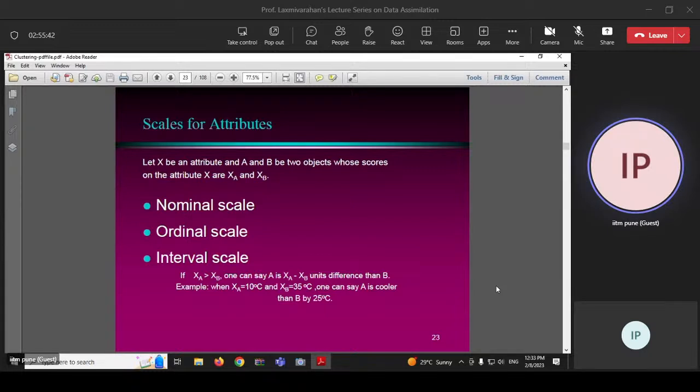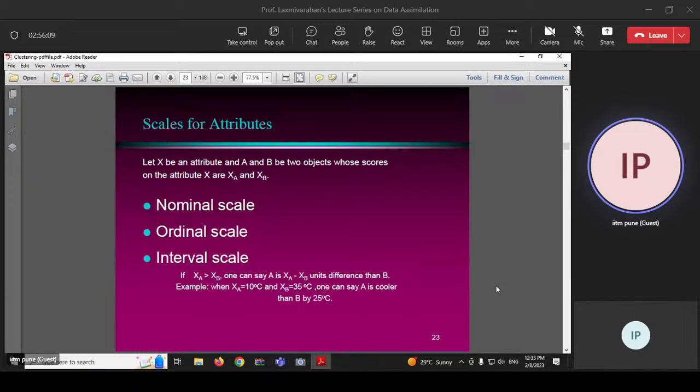Today's temperature is 10 degrees warmer than yesterday's. But I'm going to measure temperature in the centigrade scale or the Fahrenheit scale. We arbitrarily put the origin at 32 or 0. But what is the real, absolute 0? Temperature measured in the absolute scale has a different property.